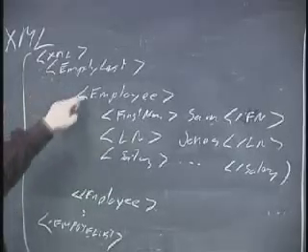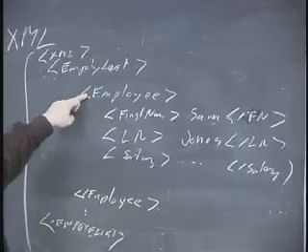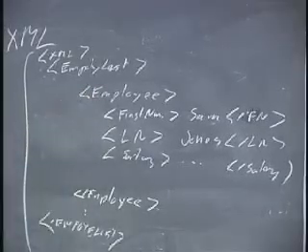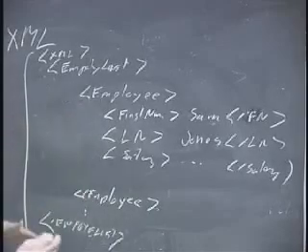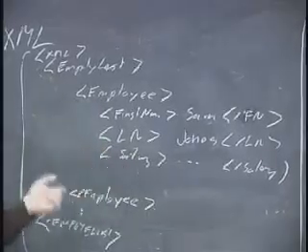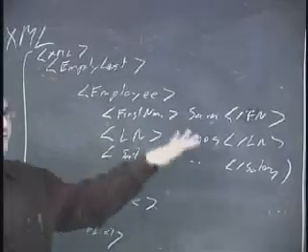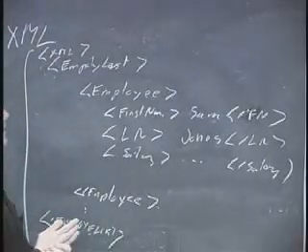For employee list, it could be employee, and you can specify whether you want exactly one employee, any number of employee tags, etc. So you basically have this language to describe the types of trees. This XML, since it does follow this nesting property, naturally maps into a tree structure.